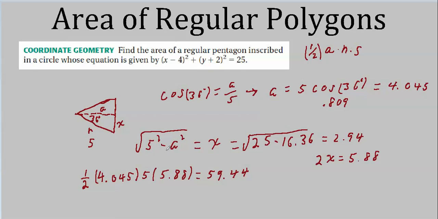And then 5.88 for the total length of a side, S here. Remember, X is 1/2 of S, or 2X equals S. We perform these calculations and get 59.44. Those are in square units, whatever units that we're using.